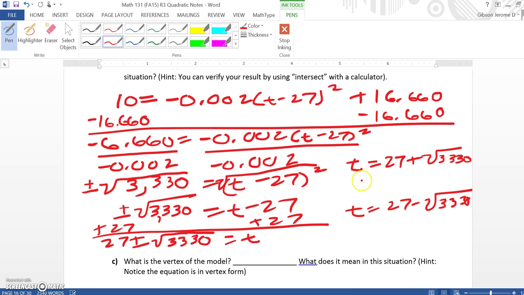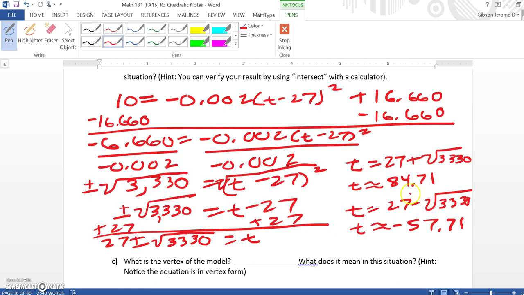Now, when we put this in our calculator and round to 2 decimal places, this will give us approximately 84.71. And this will give us approximately a negative 57.71.